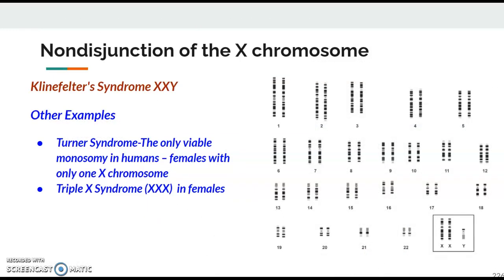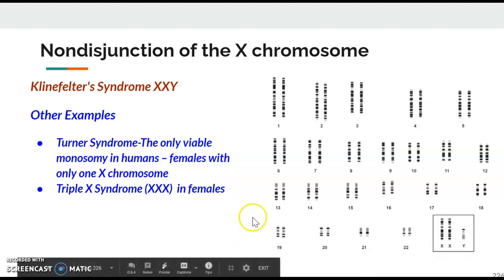Another type of non-disjunction is the non-disjunction of the X chromosome. Boys often suffer from what's called Klinefelter syndrome, where they have two X's and a Y. Other examples that involve the non-disjunction of the X chromosome are Turner syndrome and triple X syndrome.